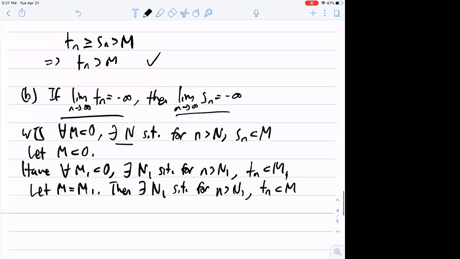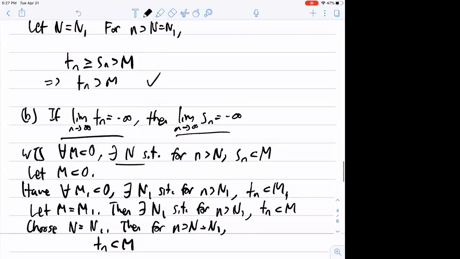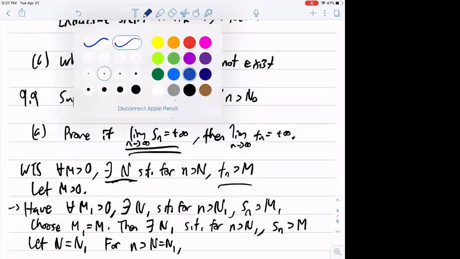And again, I need to show there exists some N, so I'm going to choose my capital N to be n1. Then for n bigger than N, I have Tn is smaller than m, but I also have from the assumption, I'll put double blue, Tn is bigger than or equal to Sn.